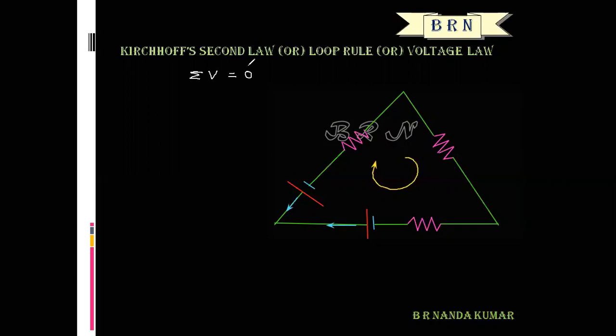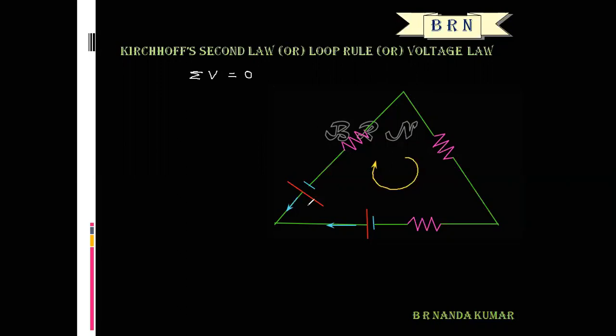In a mesh of an electrical network, the algebraic sum of voltages is equal to 0. The algebraic sum of voltages in a loop or mesh is equal to 0.